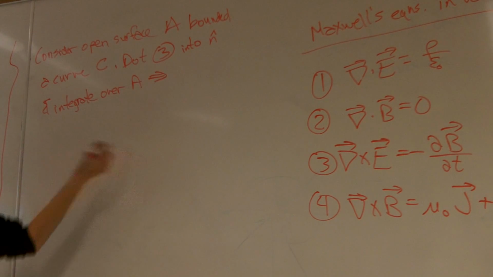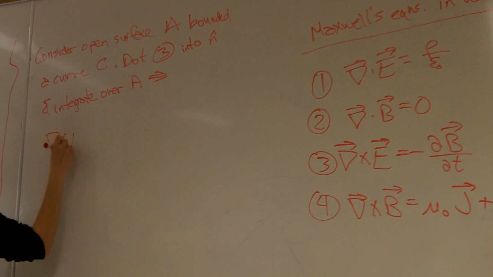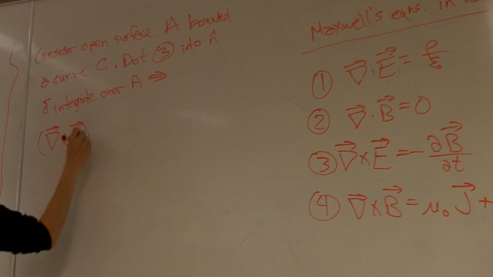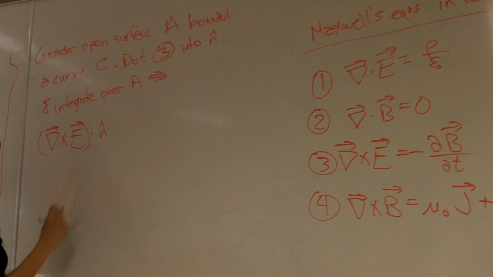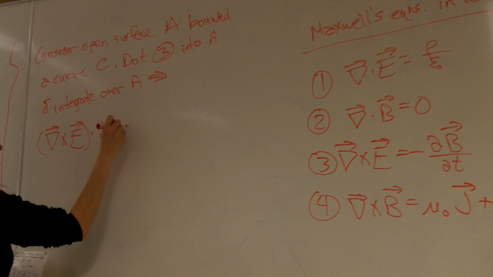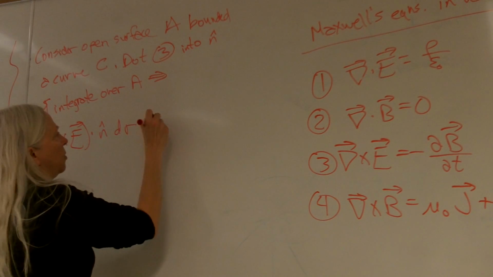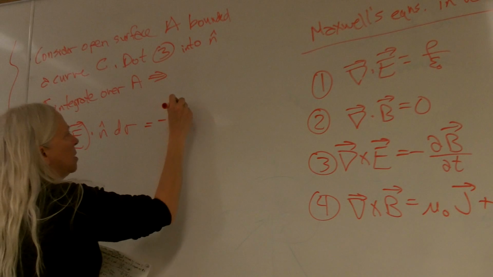On the left-hand side we've got the curl of E. We're going to dot that into n hat and integrate over the surface A. So there's a d sigma for element of surface area. On the right-hand side, pull the minus sign out in front, of course.